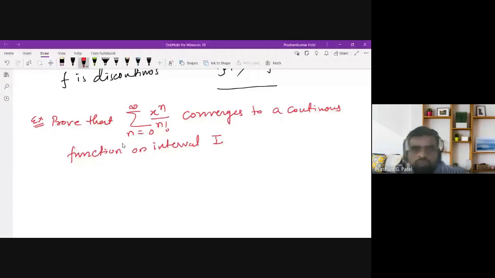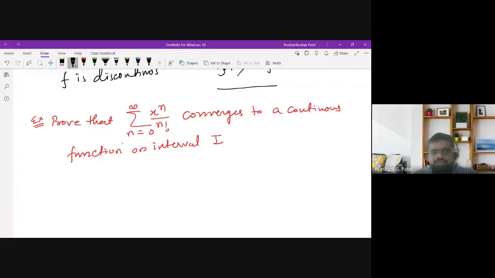So for that, first I will prove this series is pointwise convergent. That can be proved by ratio test, because this is x power n upon n factorial, or you can say this is a power series.